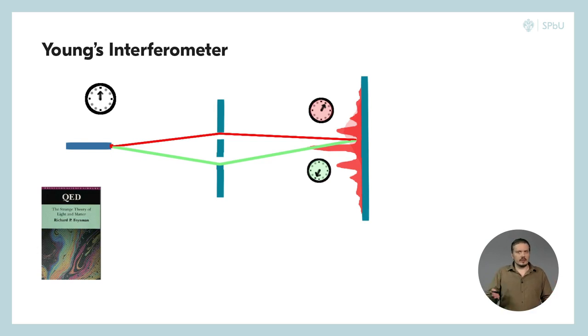The time on their clock is different because the lengths of their paths are different. And for some points on this screen, the difference of the paths will be such that the clock arrows from different paths will point in the opposite directions.